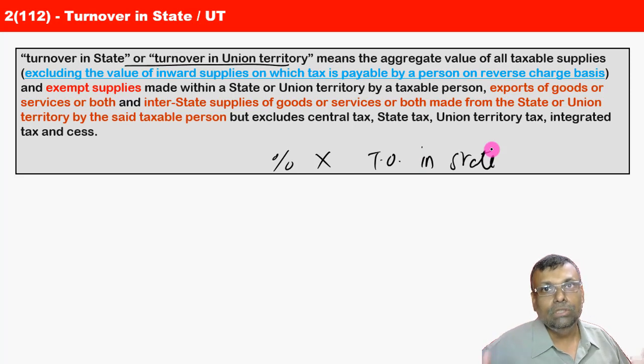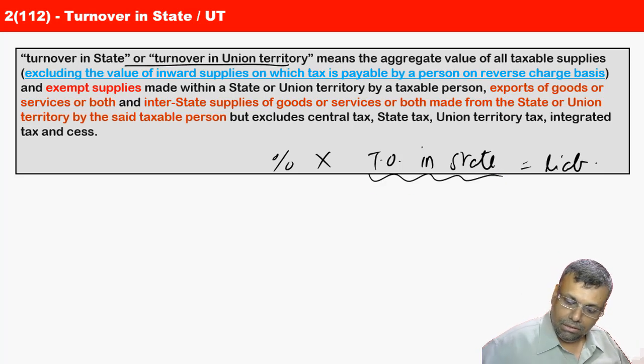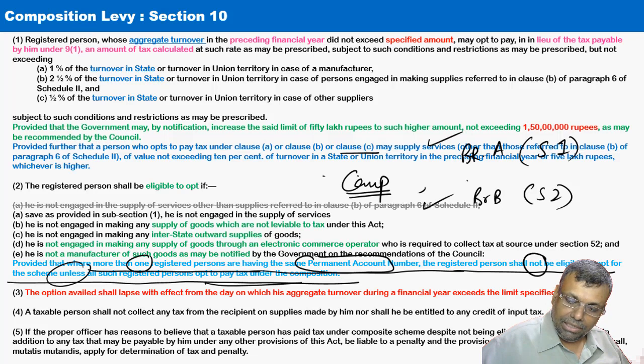So there are two separate turnovers used for the purpose of composition. In order to apply whether the composition scheme is applicable or not, it is aggregate turnover. But to calculate the amount of the tax liability, the turnover which is used is turnover in the state.